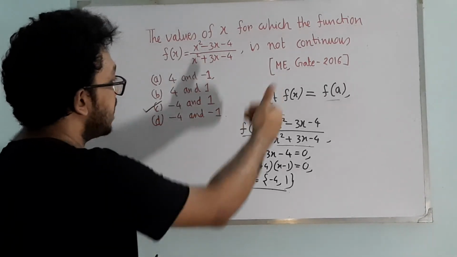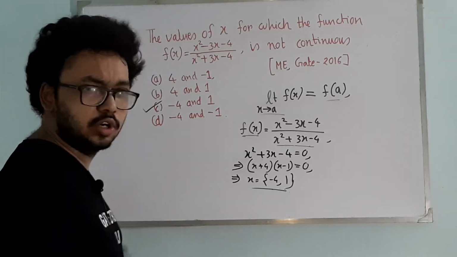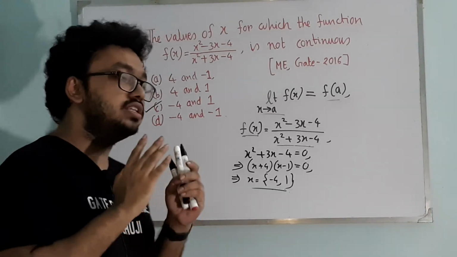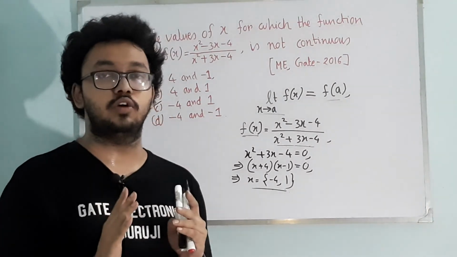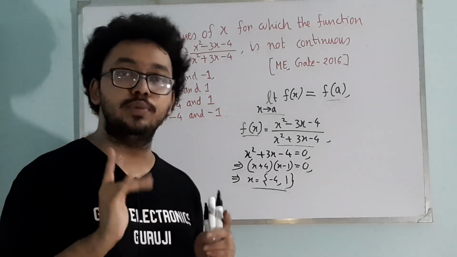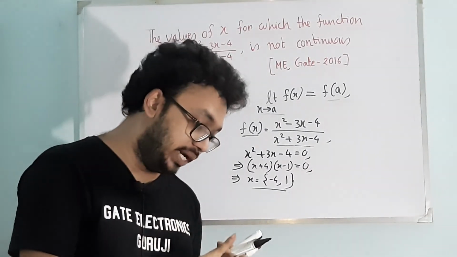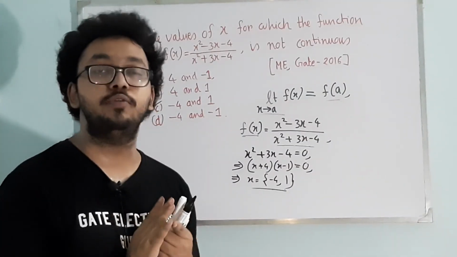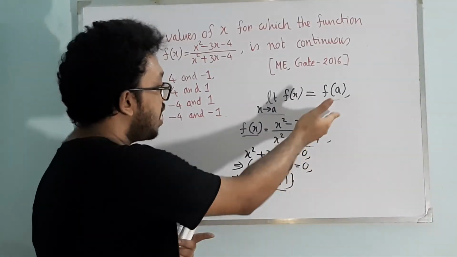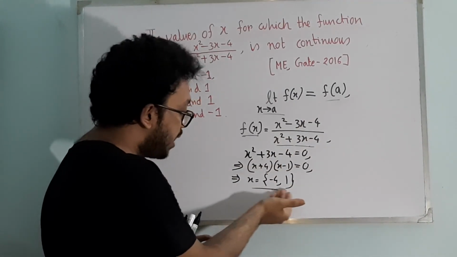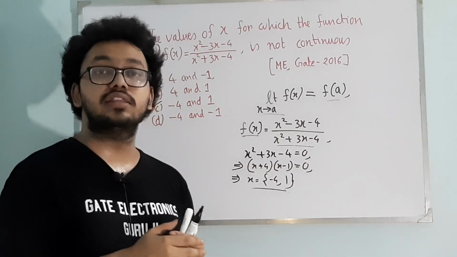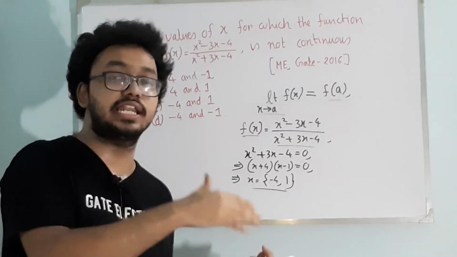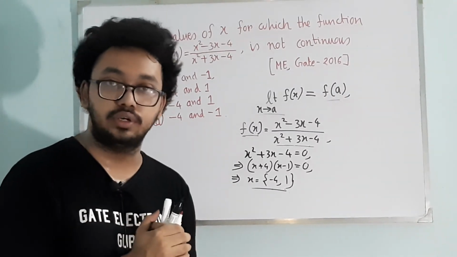So this problem came in GATE 2016. This is also not a tough problem, right? If you can just keep this concept in your mind that for a function to be continuous at a point, the limiting value has to be defined, the functional value has to be defined, and both have to be equal. In this case, the function is not defined at x = -4 and 1, so there is no question of asking whether limiting value is same as functional value, right?